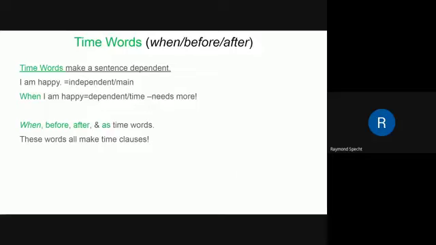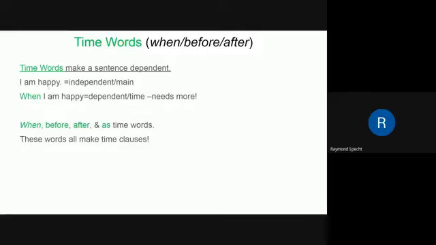All right, time words. When, before, after. Time words make a sentence dependent. I am happy is an independent or main clause. When I am happy is a dependent time clause. It needs more. Right? When you say I am happy, that's a complete sentence. Everybody understands what you're saying there.